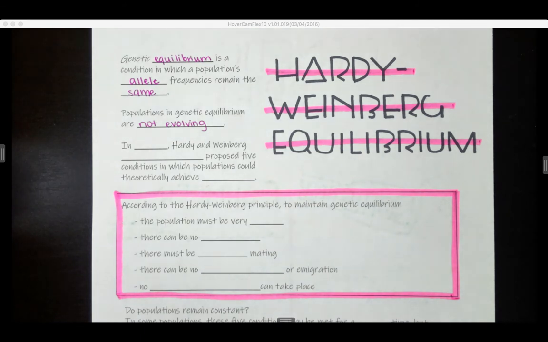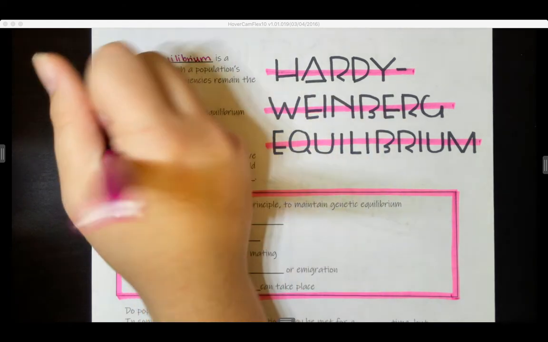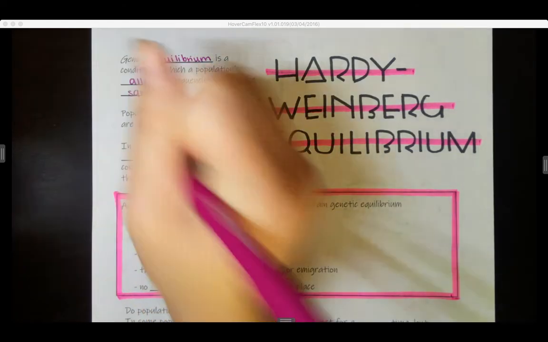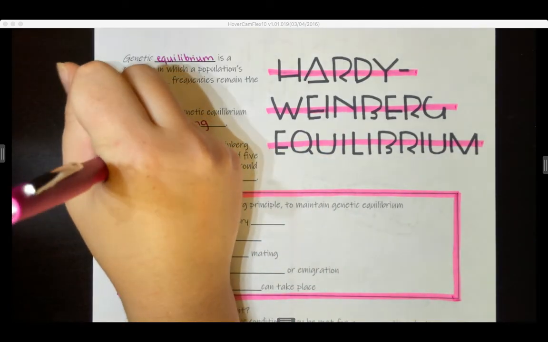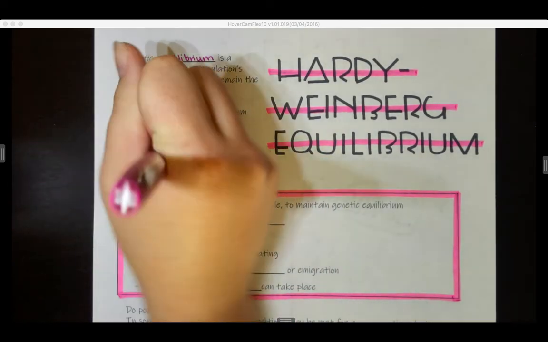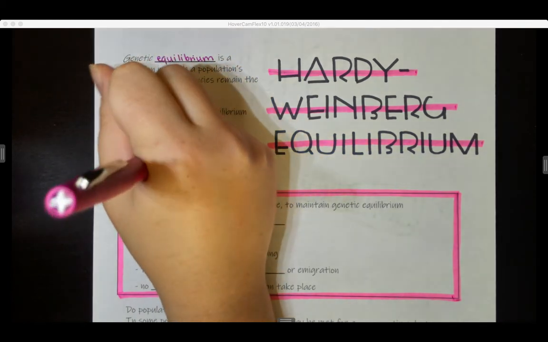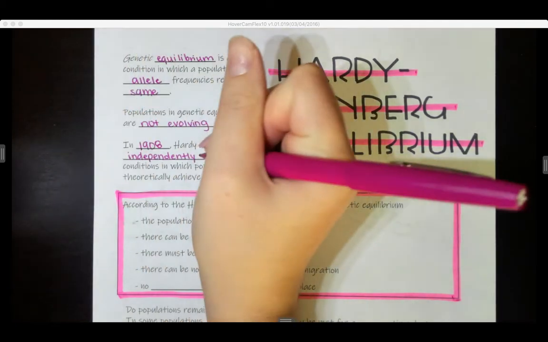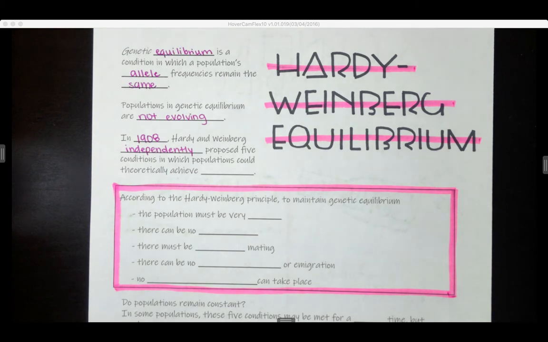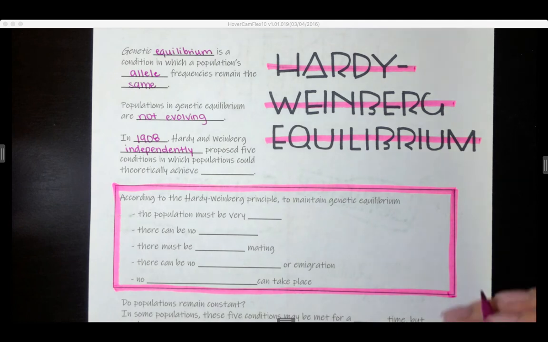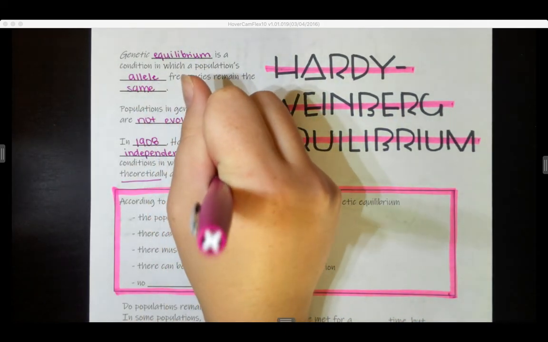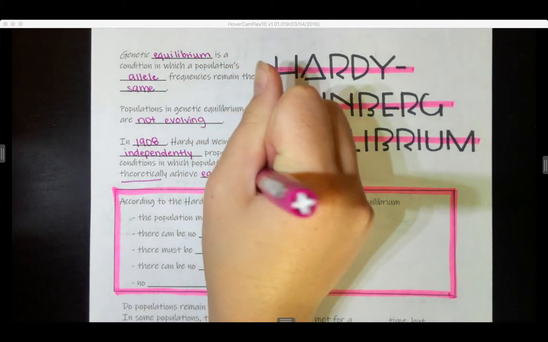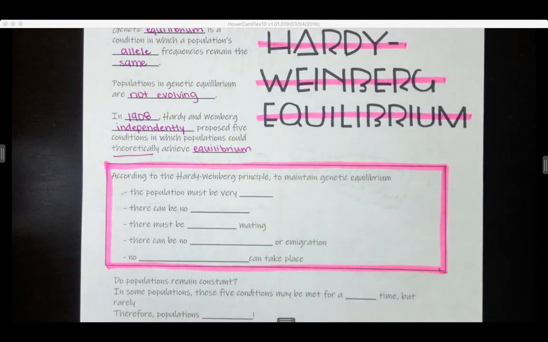So evolution can't happen. Now, in 1908, Hardy and Weinberg independently, which means that they were working on this separately of each other, and then came together and figured out that this is a thing, they independently proposed 5 conditions in which populations could theoretically reach equilibrium, where their allele frequencies are not changing.